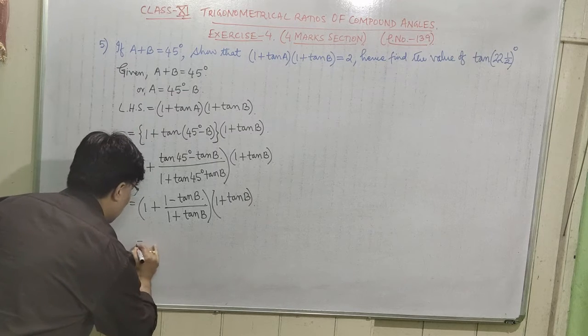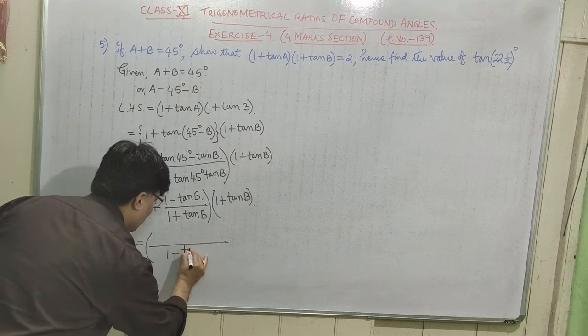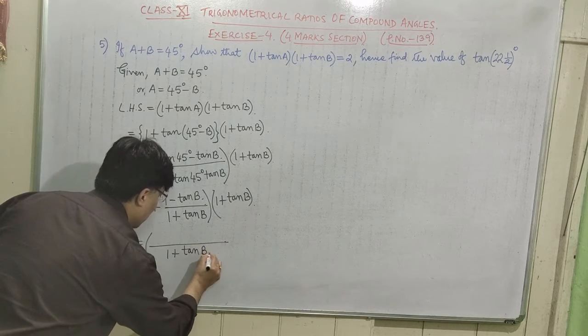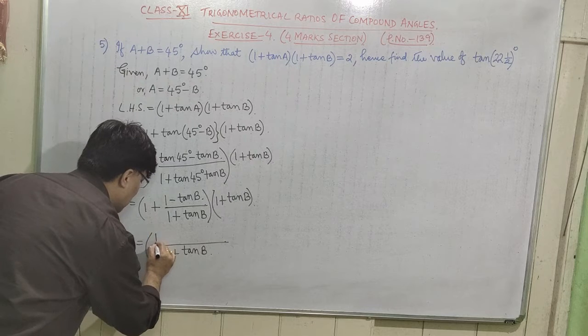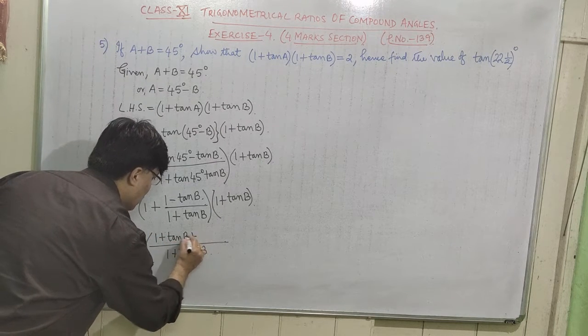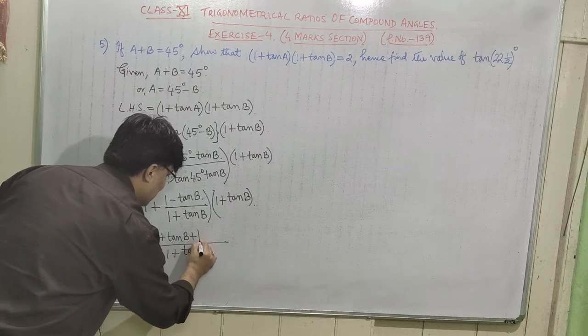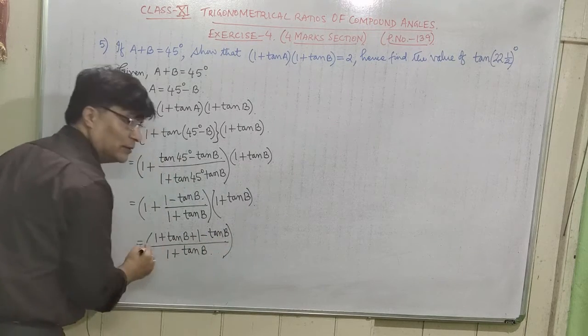So what's the LCM here now? 1 plus tan B is the LCM. 1 plus tan B into 1 is 1 plus tan B, plus 1 minus tan B. Is that clear?